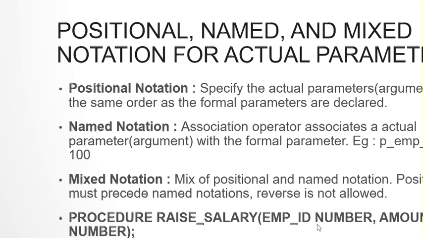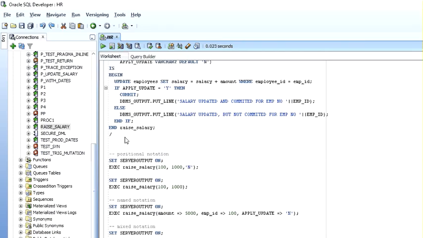I'll show this in an example. The third one is mixed notation, which is a combination of positional notation and named notation. But always the positional notation should come before the named notation.